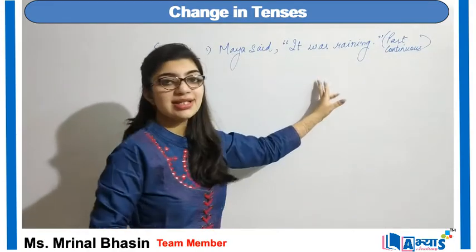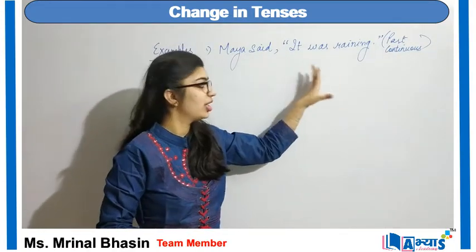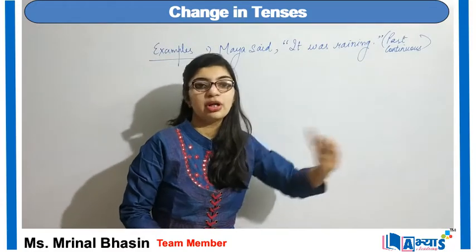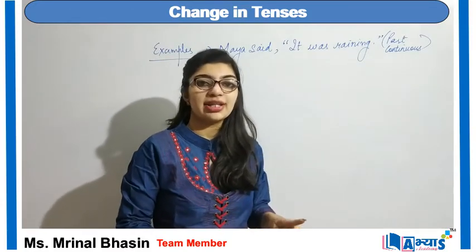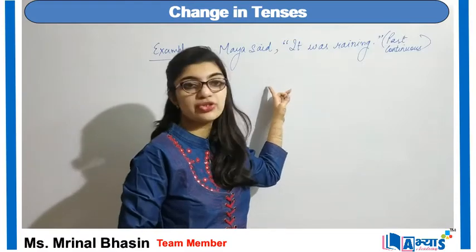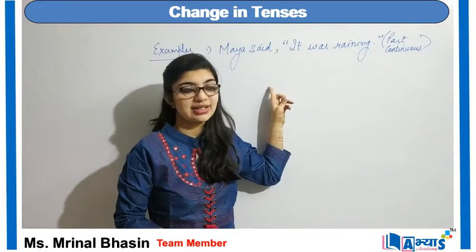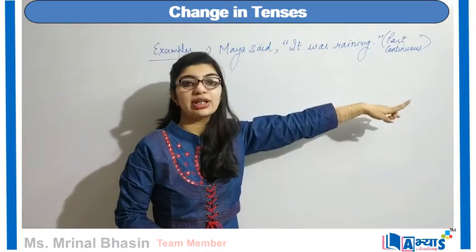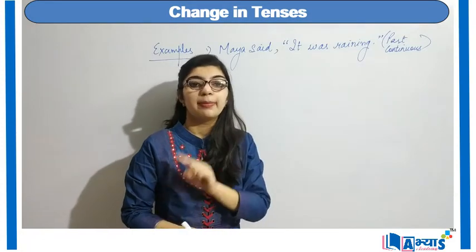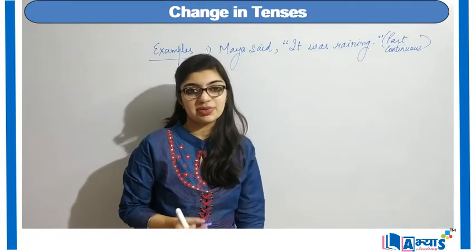Since my sentence in direct speech is in past continuous form, to convert it into indirect speech, I will also have to change the tense in my sentence. And we know that past continuous gets converted to past perfect continuous tense.